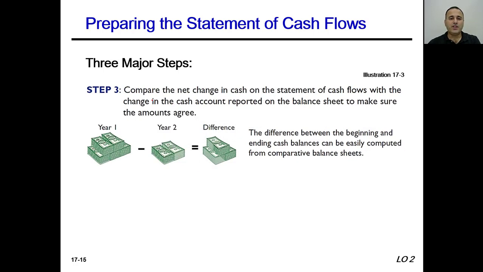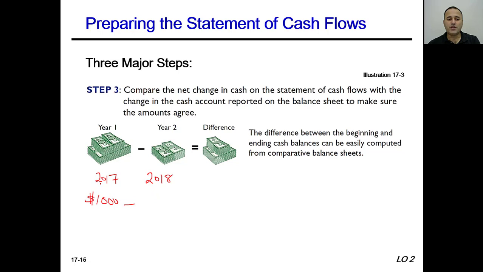In step number three, we compare the net change in cash on the statement of cash flows with the change in the cash account reported on the balance sheet to make sure the amounts agree. So let's say the cash balance for 2017 is $1,000.